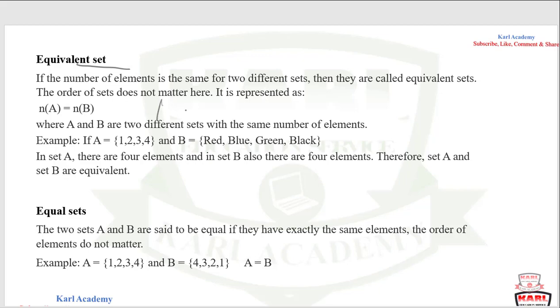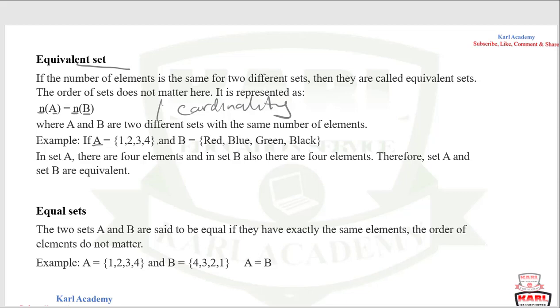In other terms, you can say the cardinality of the sets are the same, meaning the value n here shows the number of elements in set A, and this is the number of elements in set B. For example, set A contains 1, 2, 3, 4.